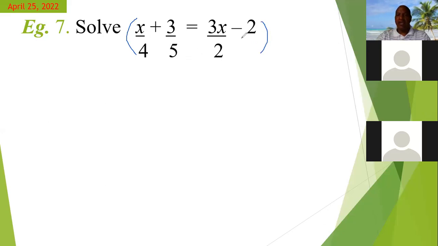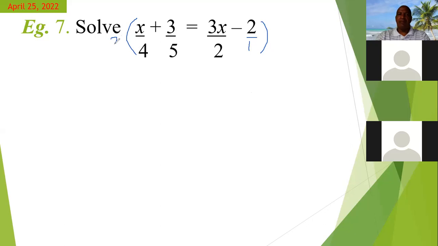Now remember, this 2 here will be 2 over 1. And so if we are to find the LCM of 4, 5, 2, and 1, what would be the LCM? What's the lowest number that all these numbers can go into without a remainder? 20, right? So as I was saying before, we could multiply right through the entire equation by 20.